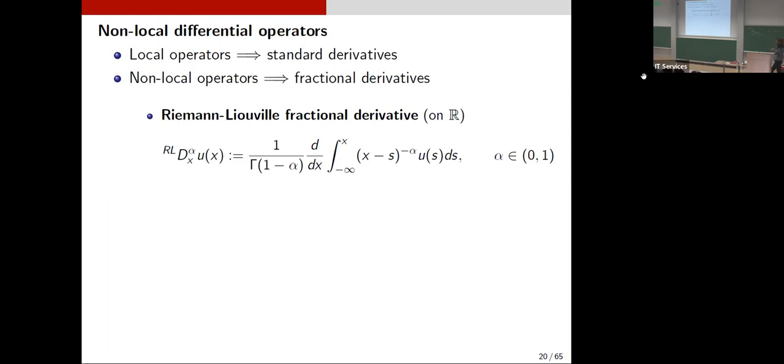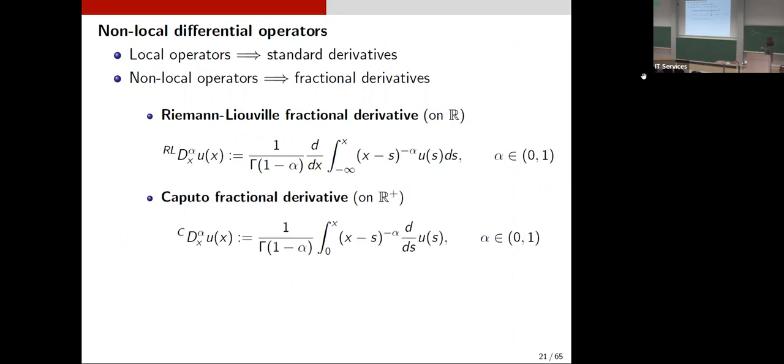In this case, I have chosen the particular case where the order of the derivative is in (0,1), and the definition of the fractional derivative is on the whole real axis R. Another very famous fractional derivative is the so-called Zerbashan-Caputo, or simply Caputo, fractional derivative. In this case, we are only on the positive real semi-axis, and again alpha is in (0,1).